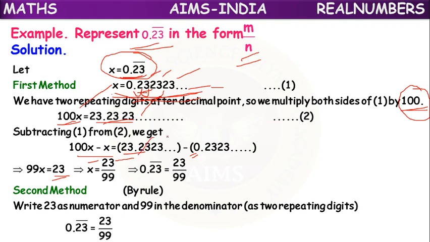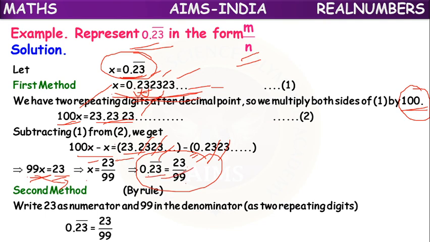After the decimal point, 2323 and 2323 cancel. Only 23 is remaining. Here 100x minus x equals 99x. This x equals 23 by 99, with 99 coming to this side. What is x? 0.23 bar. So 23 by 99.